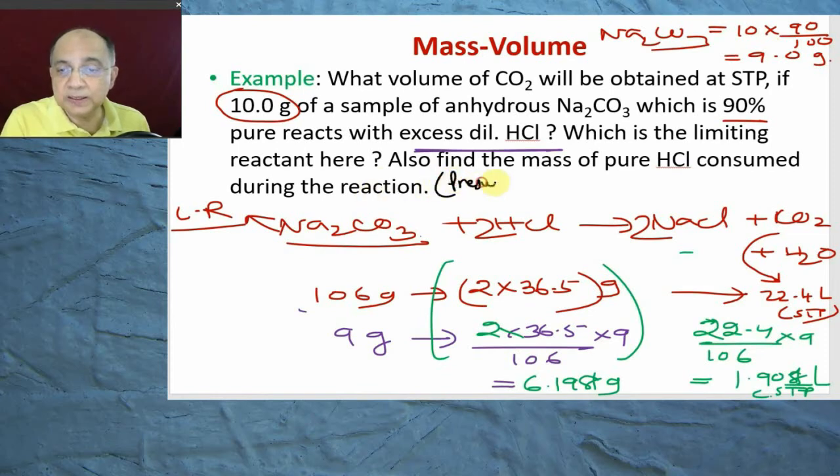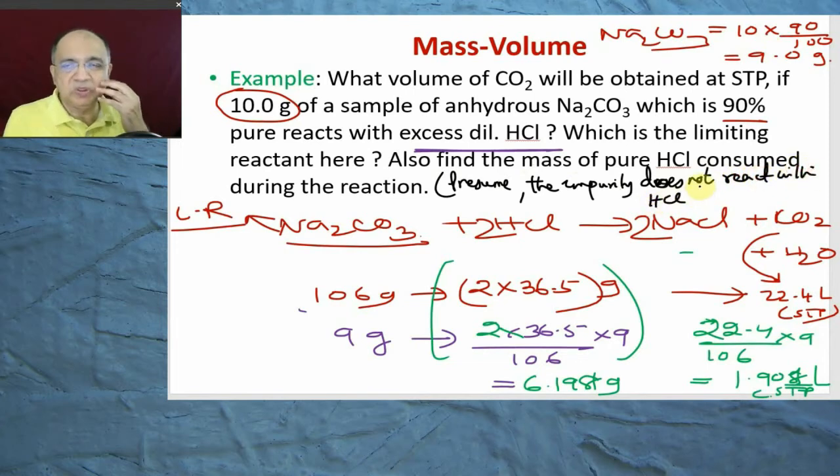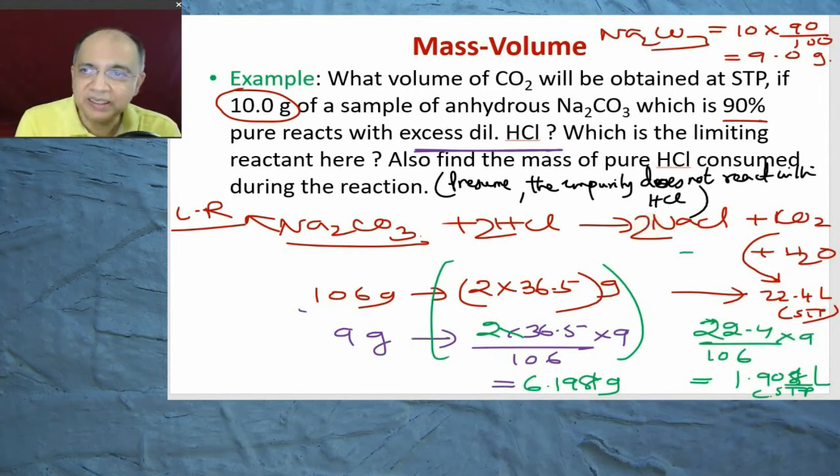Presume that the impurity does not react with HCl to produce CO2. It may be reacting but will not produce CO2. That means there is no carbonate other than sodium carbonate. Then only we will say that 9 gram is pure sodium carbonate. It is 90% of 10.